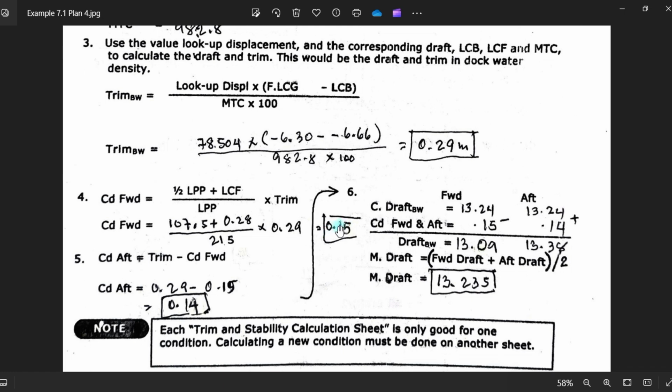Since you have already your forward drop, to get the aft draft is trim minus your forward drop. So your trim, which is 0.29, minus your draft forward, which is 0.15. So your draft aft will be 0.14. With this, the next step: you put here your departure drop of 13.24, which is this one.